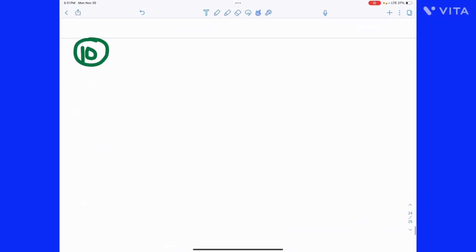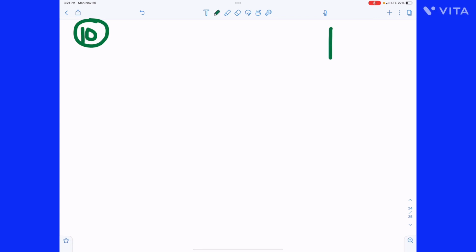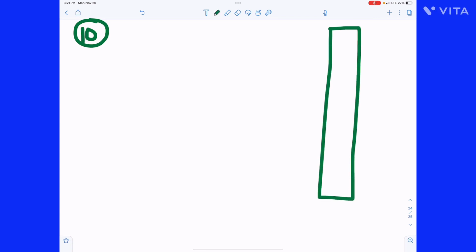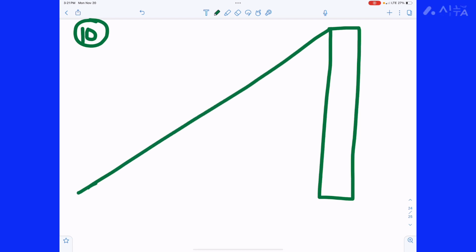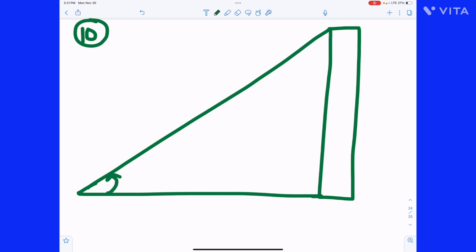Okay, let's just draw a line to represent the building. From point A, the angle of elevation of the top of the building is, angle of elevation means how much you have to look up.